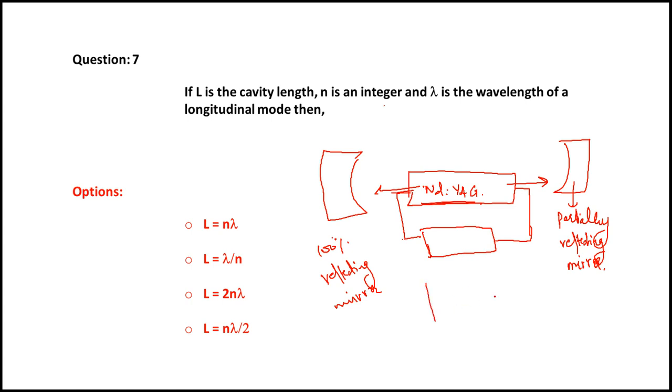Suppose I consider this entire cavity through which the light beam is passing in rounds. It comes from this point to this point, again comes back, passes through the material, and stimulates the other photons to emit, and then it reaches here.